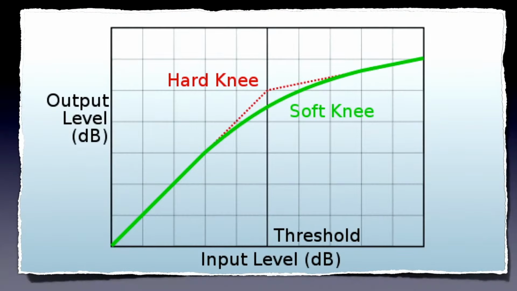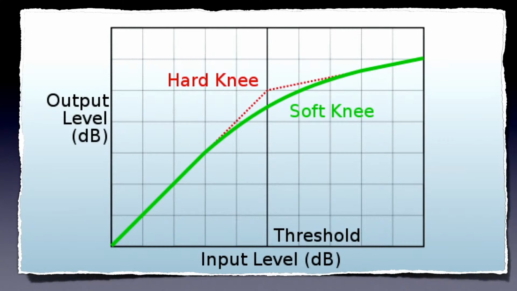And then if you get into, let me go back a slide here or two, if I can. When we get into the compression ratio, you can see that sometimes there it is. We get a thing called knee.